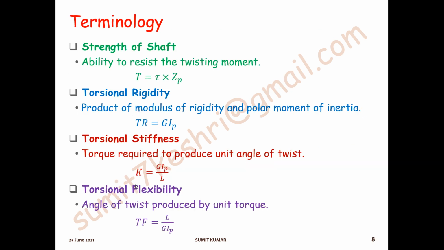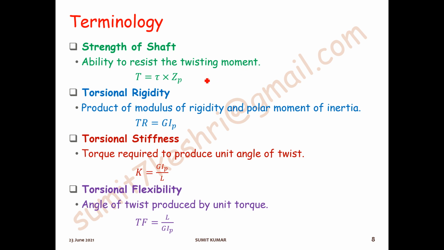Okay, now there is some terminology which you should know before going to the problems of torsion. First is the strength of shaft, which is defined as the ability to resist the twisting moment.